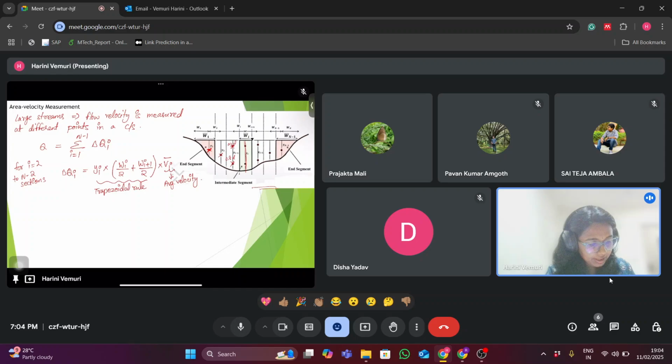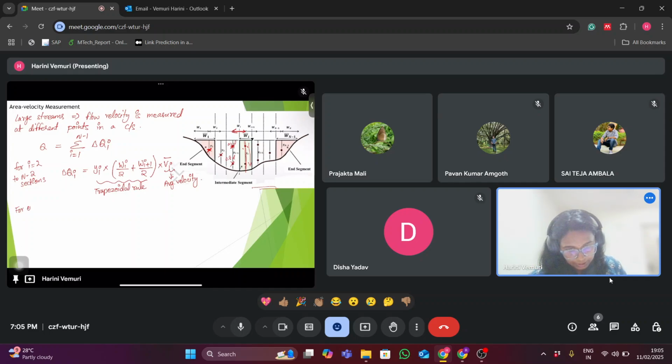And here you can see Wi is the width between the two measurements that are taken. Okay. Wi is the width between the i minus 1 and ith measurement. Okay. And Yi is the depth of the stream at the ith location where we are taking the measurement. Okay.